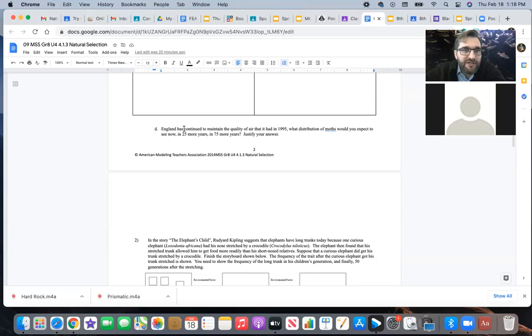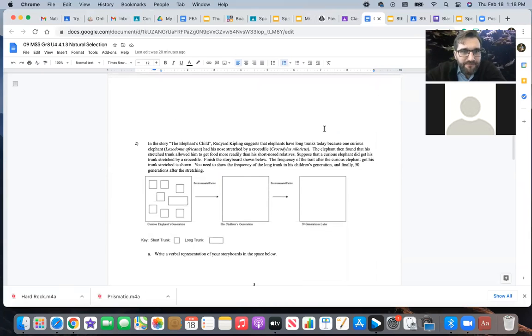It was talking about England having continued to maintain the quality of air up to 1995. What would we expect to see with the peppered moth population 25 years after 1995, 75 years after 1995, and then justify your answer there.